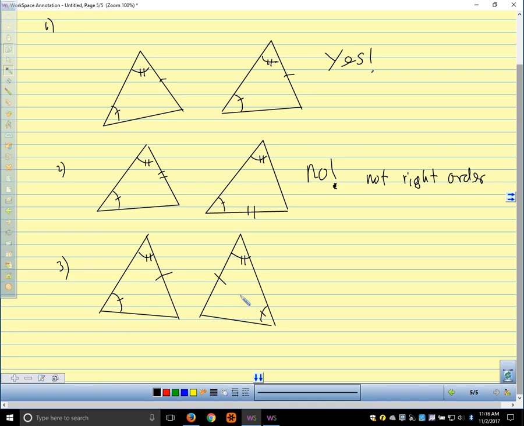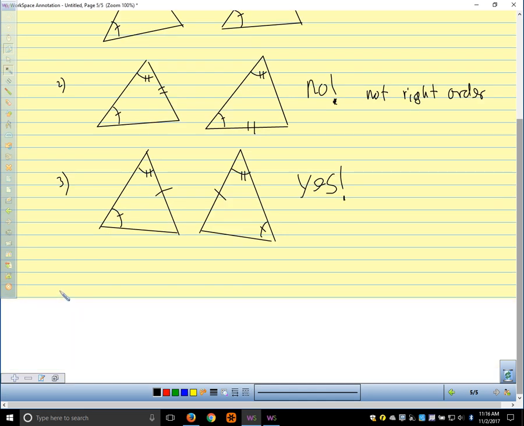Yeah. The 1 tick mark side is next to the 2 tick mark angle, 1 tick mark side, 2 tick mark angle. In order to get these triangles to match each other, I'd have to flip that one over. Where here I could just slide them over. Here I'd have to flip it over. So this would be a yes. We could use angle-angle side. Last one of these, and then we'll do a quick proof that has to do with angle-angle side.